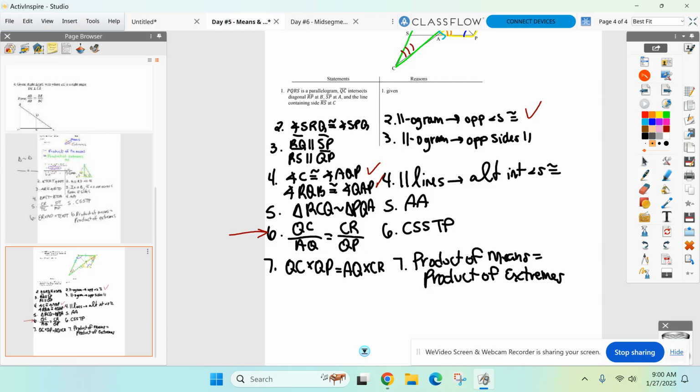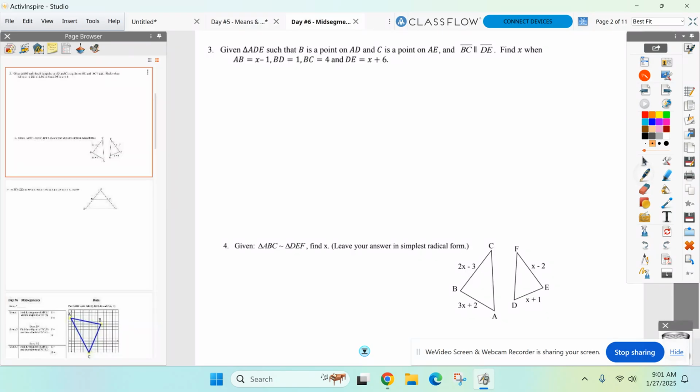We got to review a few things about the algebra part. All right, I'll get my diagram up here too, and we'll talk.